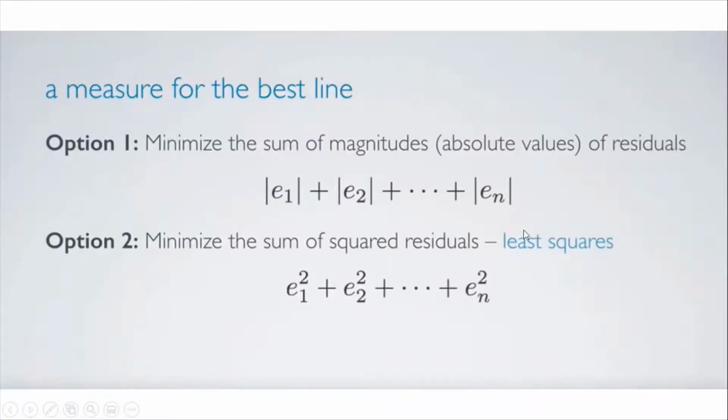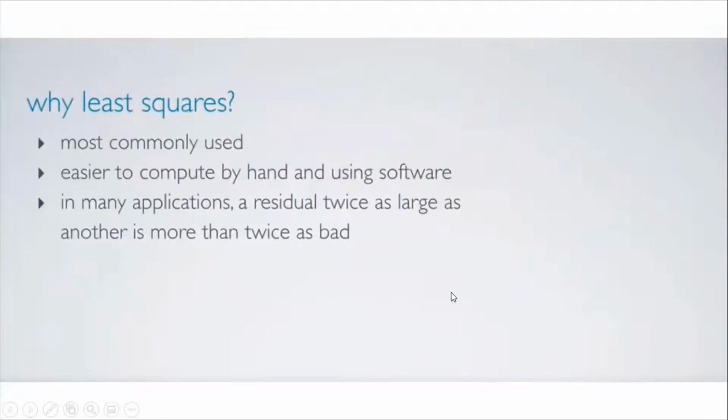So we want the smallest value of this. So why least squares? Because it is very easy to calculate. And then we can say that a residual which is twice as large as another is more than twice as bad.